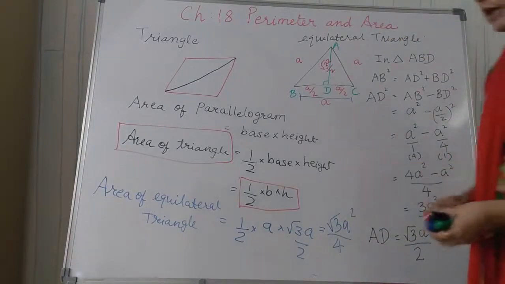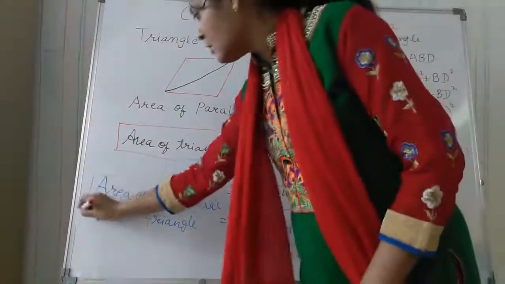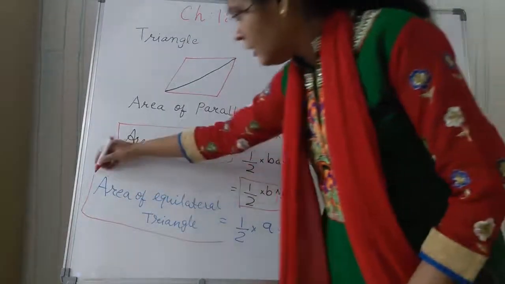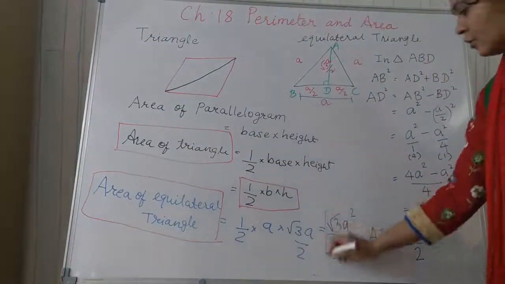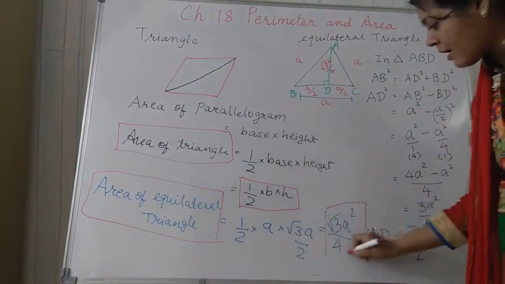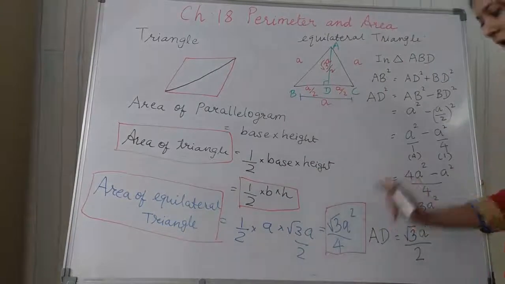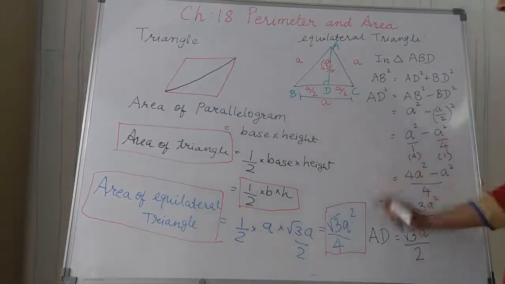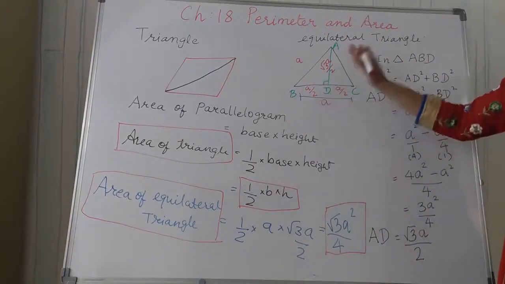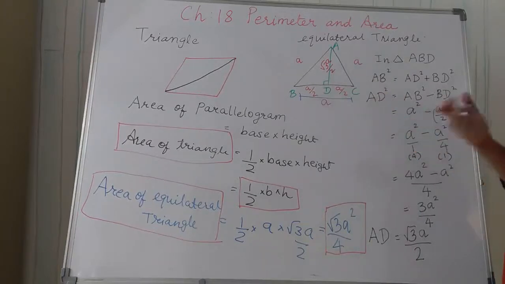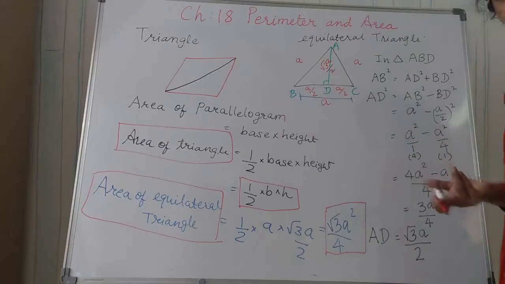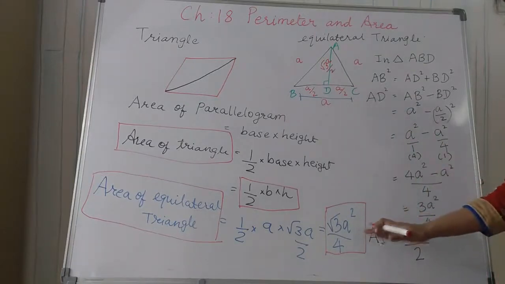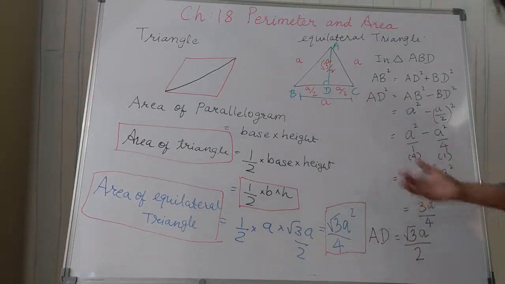So here another formula for the area of equilateral triangle is root 3A square by 4. Now what does A stand for? A is the side of your equilateral triangle. You know that equilateral triangle means all three sides are equal. So A means the side which is given in the question.